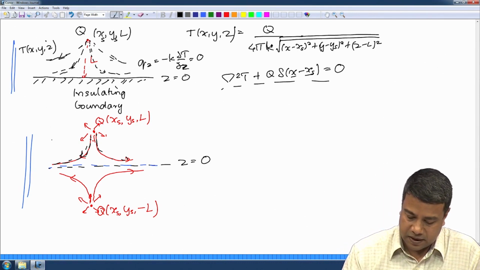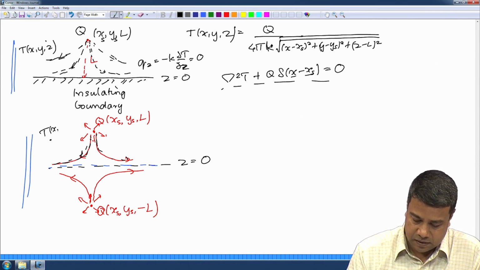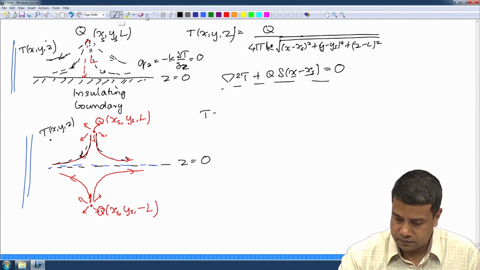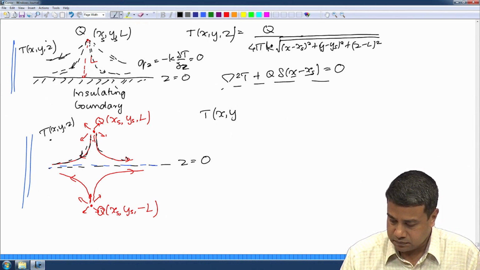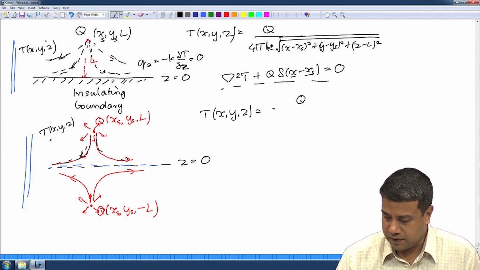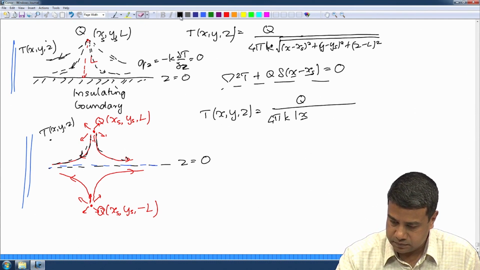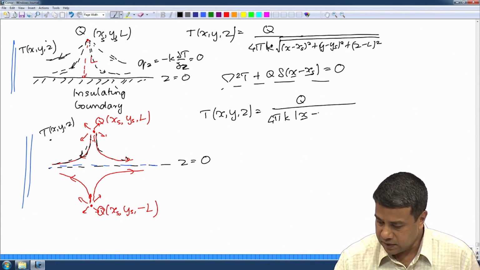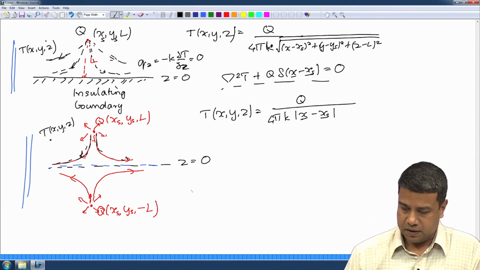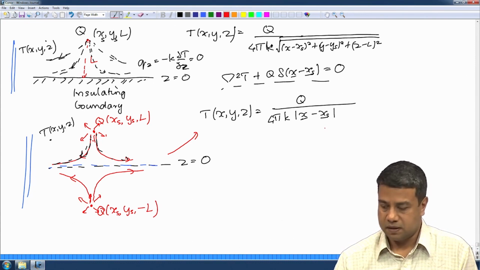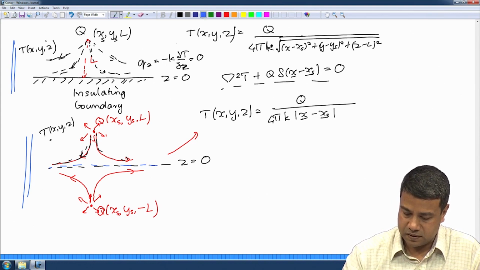The solution at an observation point for this is going to be equal to T at x is equal to Q divided by 4 pi K into x minus xs, where xs is the source location.